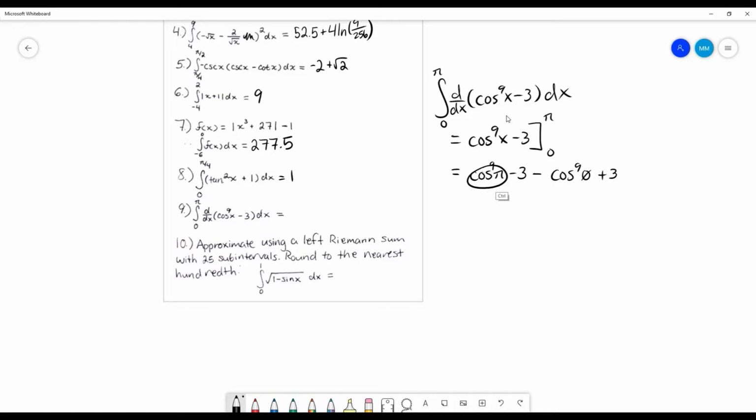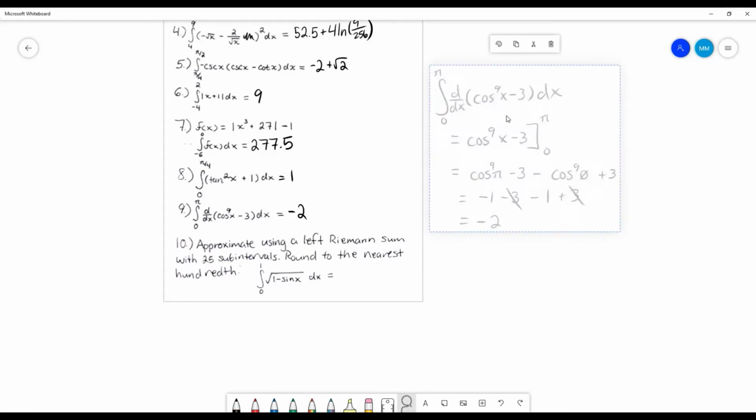So I know cosine of pi is -1, so -1 to the 9th is -1. Minus 3 minus cosine of 0 is a +1. 1 to the 9th is obviously 1, but we're subtracting. And then I see these parts cancel out, and I just have -2 because I combine like terms.